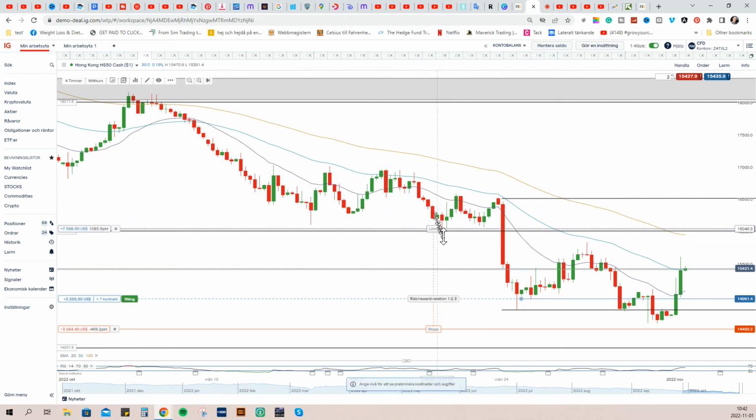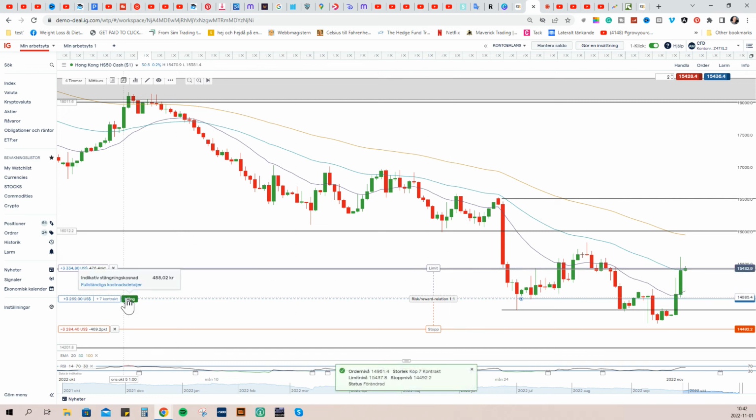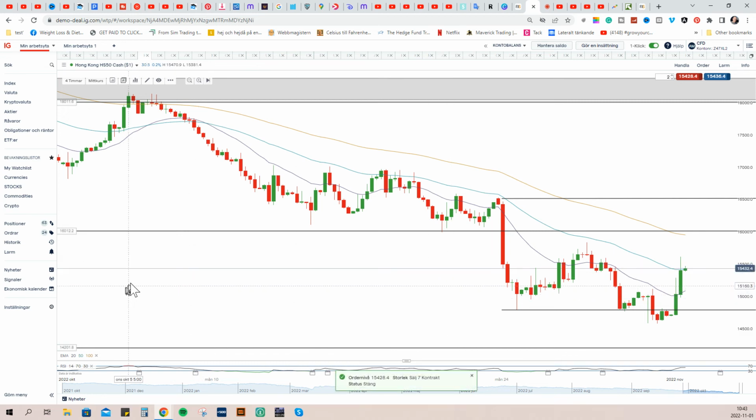If we look, well, yes, $3,335 in profit. I will cash in that as well. And looking for a minor pullback to purchase around this level, about 15,100 level.